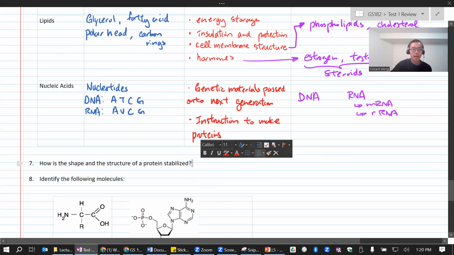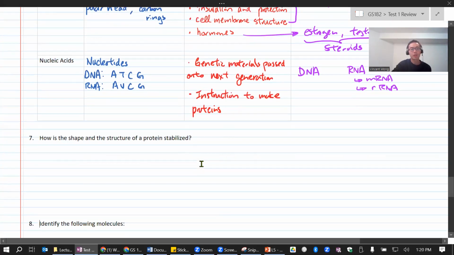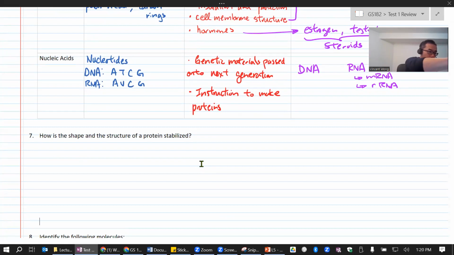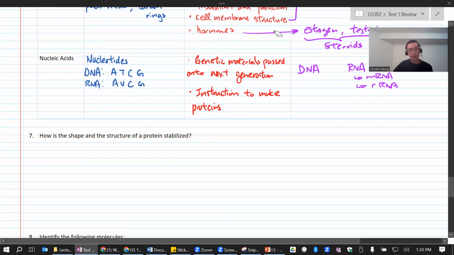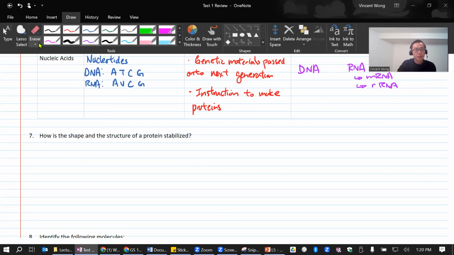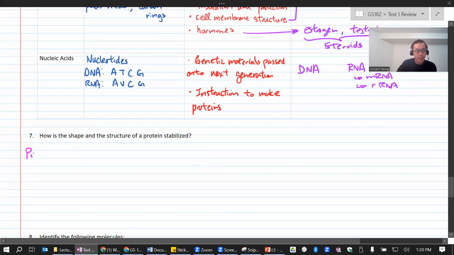All right. How is the shape and structure of protein stabilized? Remember this thing, right? The pipe cleaner that I was using to explain that. Man, that seemed like a long time ago. But let's go through it together one last time. So for primary, it's basically the amino acid sequence, right?